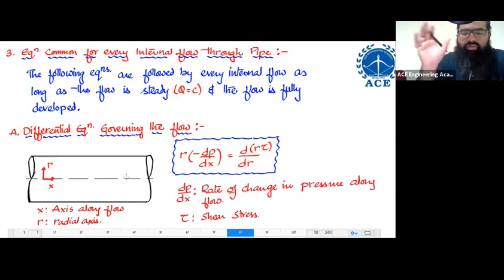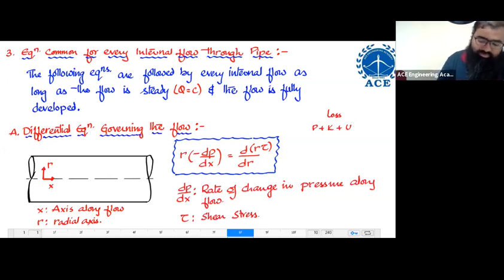You cannot escape losses now. So as you are moving forward along the flow, you will have losses. Losses will be developed. If losses are developed, P plus K plus U is supposed to sacrifice itself. Now, who will sacrifice itself?